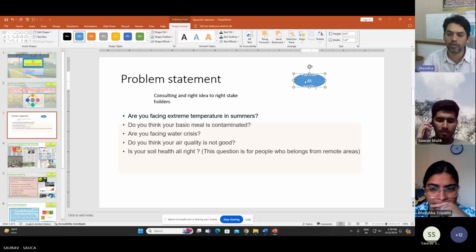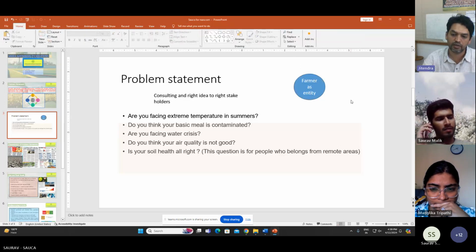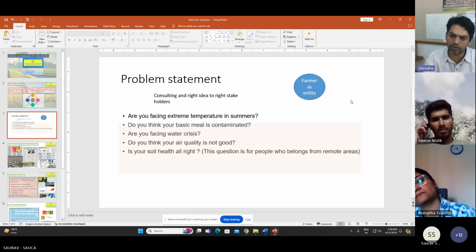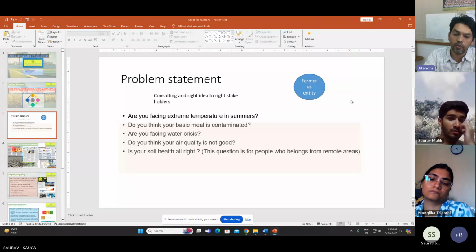Why are you not able to produce well, or earn good money? Or maybe go to the administrators working on farm-related policies and understand what they are struggling with right now. As a consulting organization, you may find a connection between these three or four entities, and then you can look toward something they are looking for as a solution, something which can be provided by you.